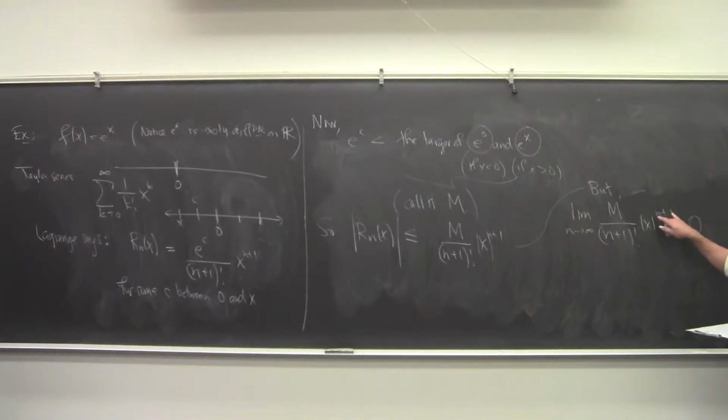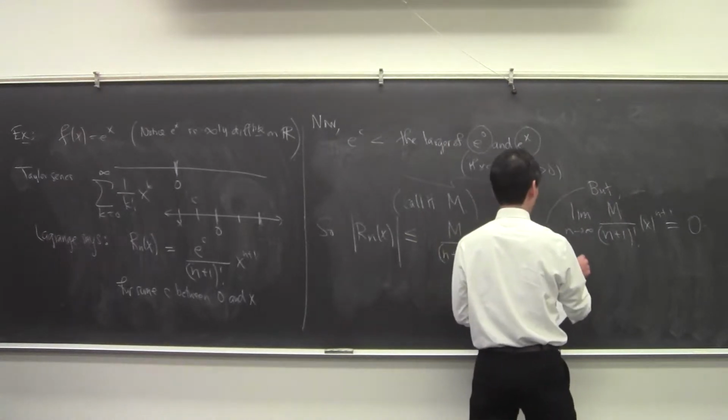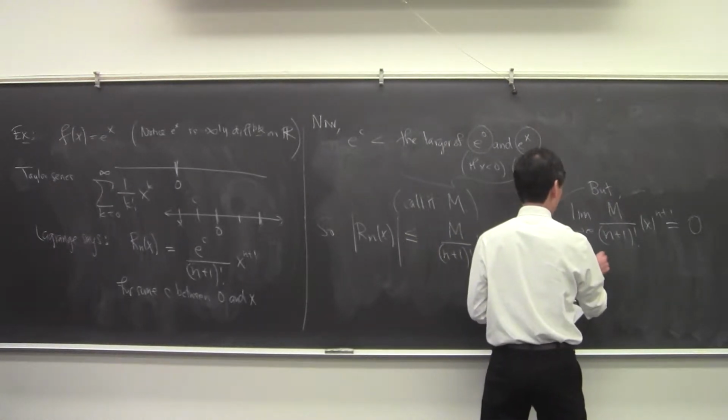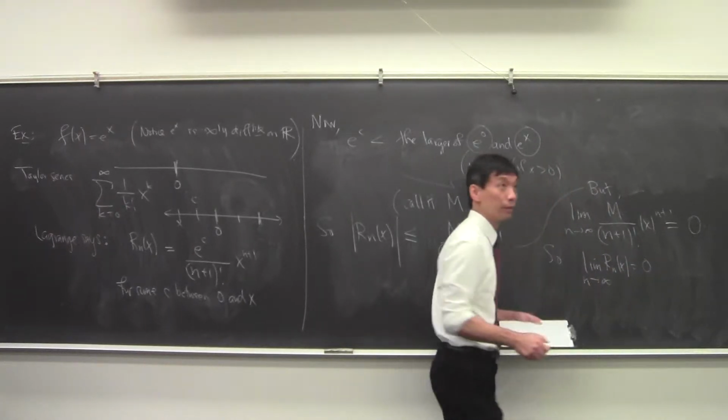Well, you've got 10 to the n plus 1 over n plus 1 factorial, and n is becoming infinitely large. You're going to be multiplying by tens, but you're going to be dividing by larger and larger numbers as you go on. And so the limit is going to be 0. That tells you that the limit of the remainders is 0 as n goes to infinity.